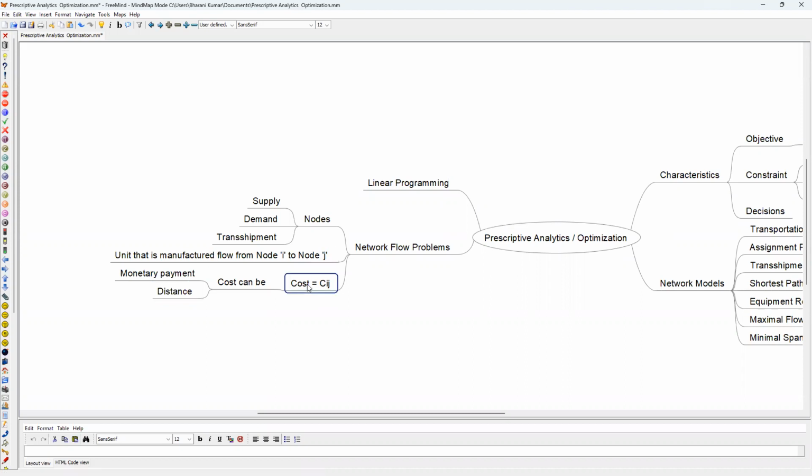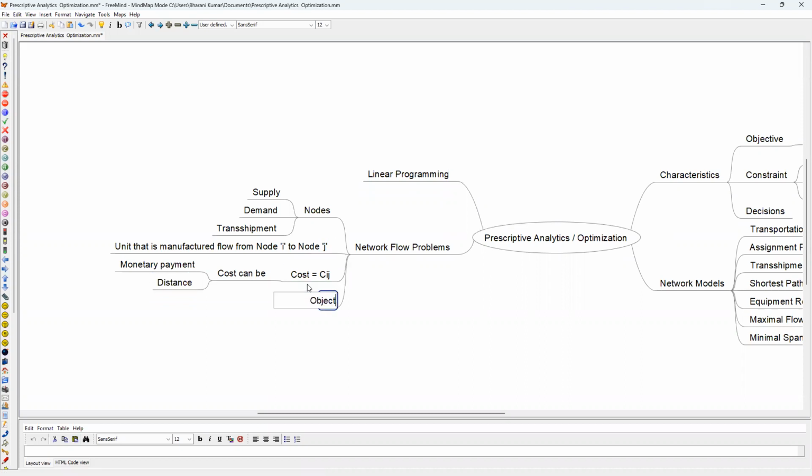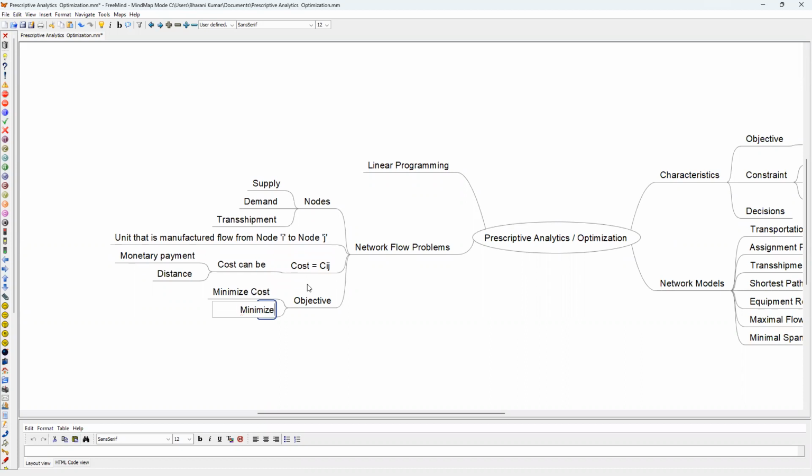And majorly, the objective here would be to minimize the cost or minimize the distance, or whatever measure we're using, we need to minimize that.